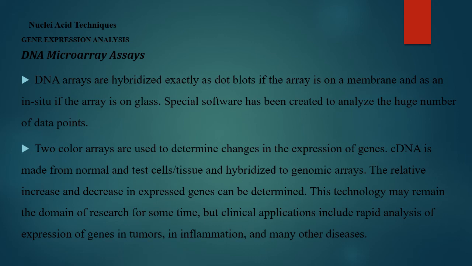This technology may remain the domain of research for some time, but clinical applications include rapid analysis of expression of genes in tumors, in inflammation, and in many others. I take a sample, I have a gene that codes for, say, cancer. I can do my DNA microarrays on it and know that no, this cell has some cancerous genetic code in it, and I can start dealing with it.